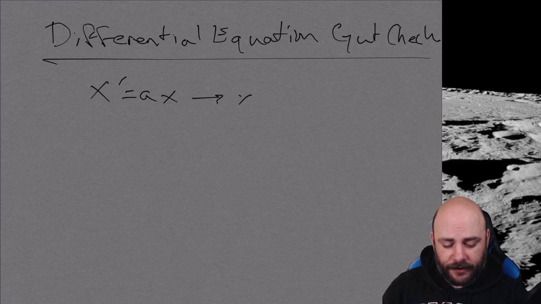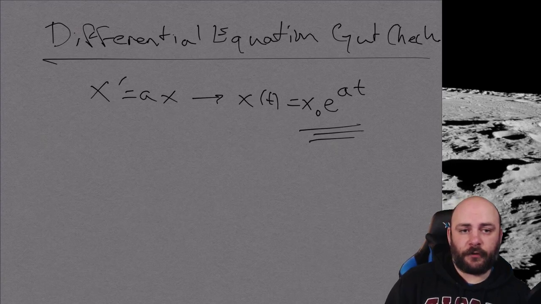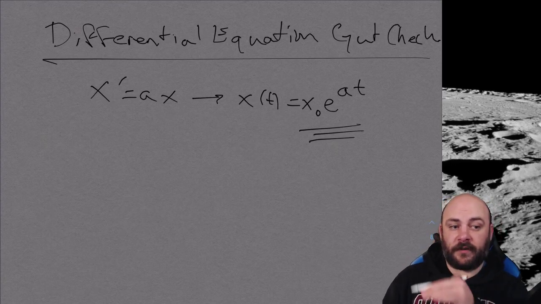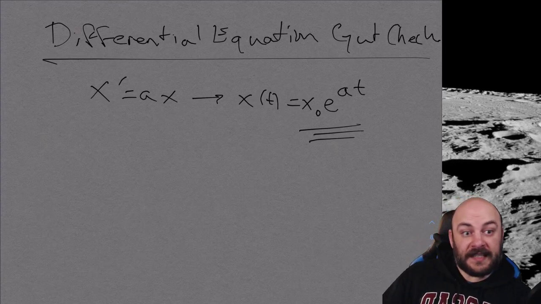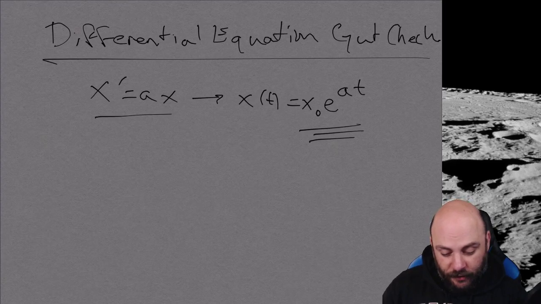The solution to this, x of t, was the initial condition times e to the at. And functions like this have served as the fundamental building blocks for all of our solutions. Sure, when we have non-homogeneous terms like some f of t added on there, things get more complicated. But ultimately, when we're just looking at the core differential equation part, our solutions look like exponentials.